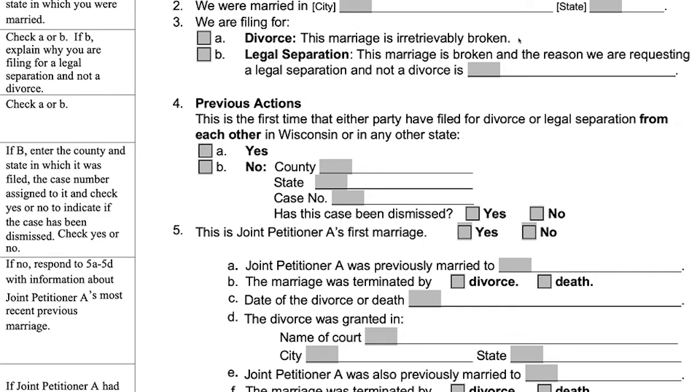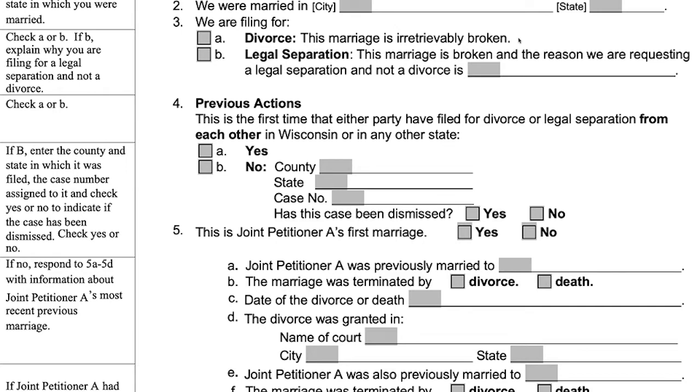And then, if you're not asking for divorce and you're asking for a legal separation, the court wants to know why. Now, there are many different reasons why people just get a legal separation instead. A few of them would be that for financial reasons, it's better to stay married.